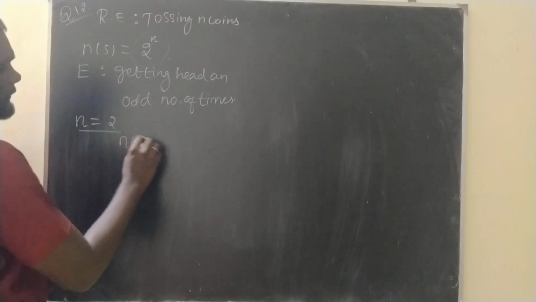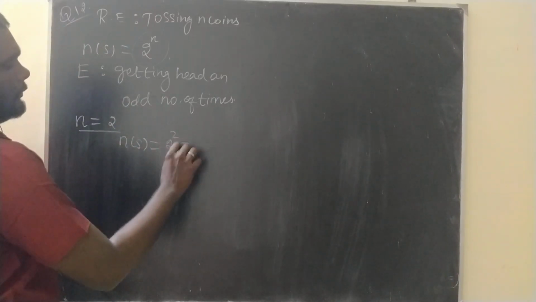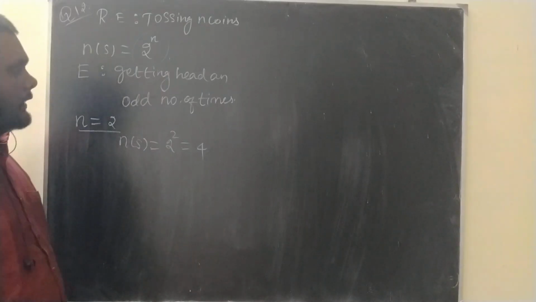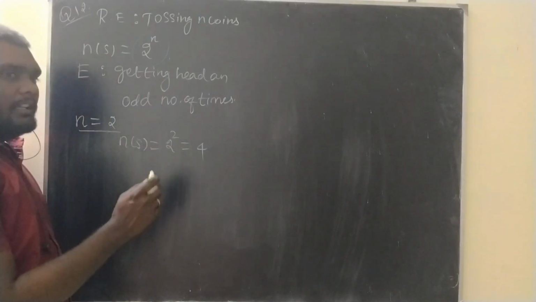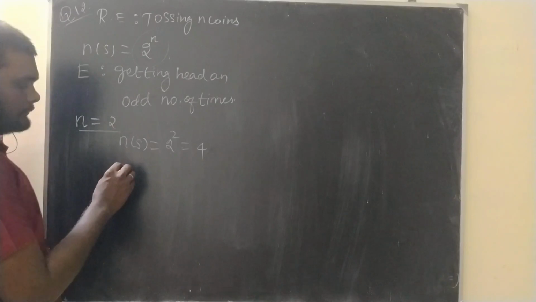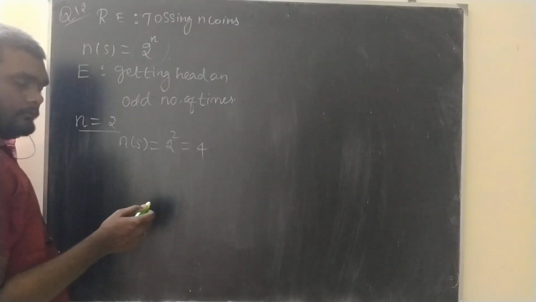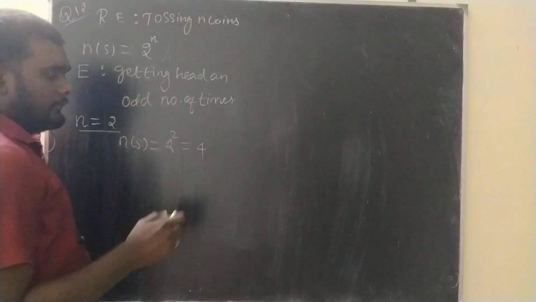Then we have n of S is 2 power 2, which is 4. Getting heads an odd number of times, how many times will it come?